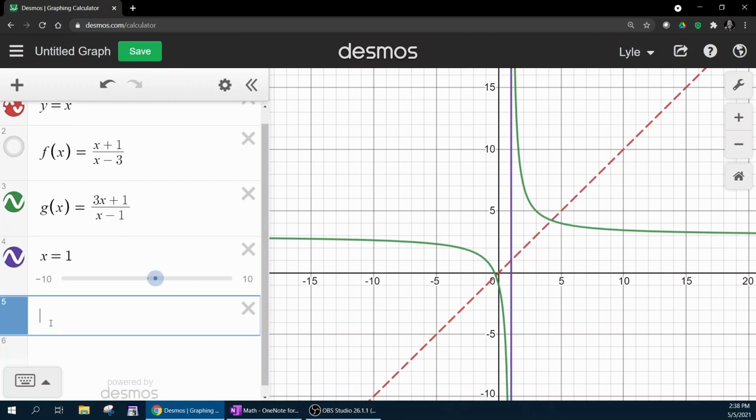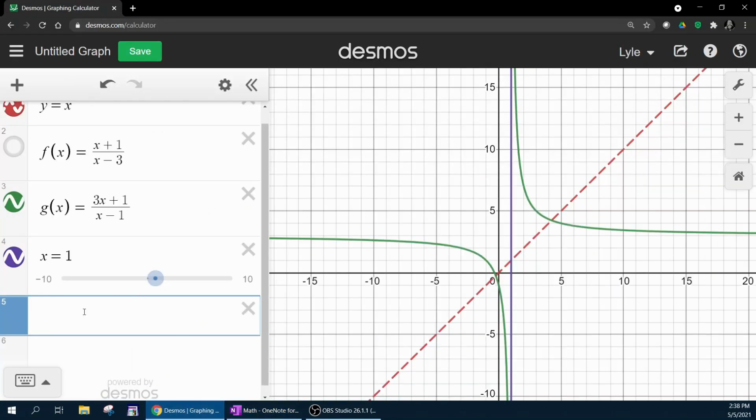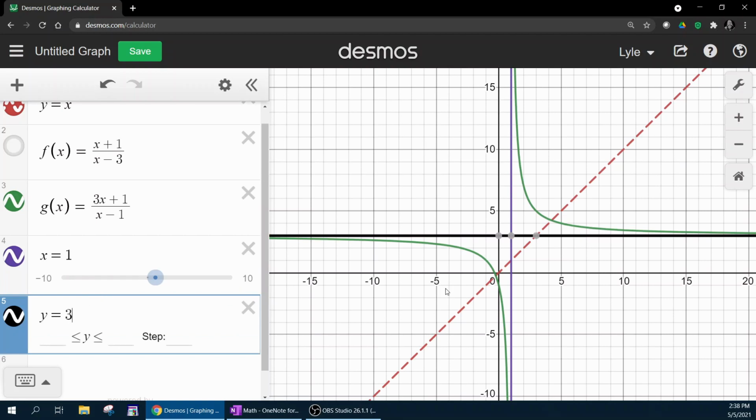And the range was everything but 3. We said the range were all y values except 3. And so if I type in the equation y equals 3, again, you're going to see that that horizontal asymptote fits nicely in the graph. And that means that that's going to be a y value that does not exist on the graph.